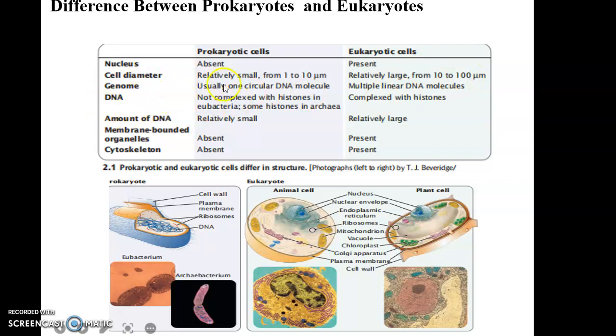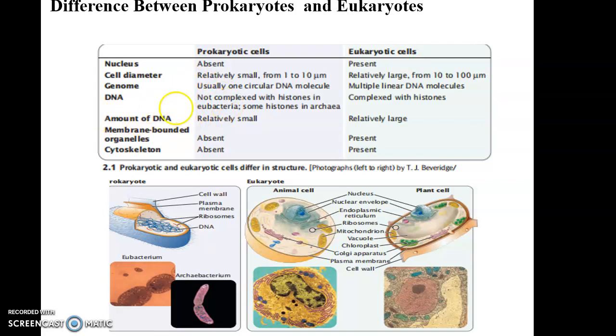If we talk about the genome, usually one circular DNA molecule is present in prokaryotic cells, while multiple linear DNA molecules are present in eukaryotic cells, and we will discuss this in detail later onward.